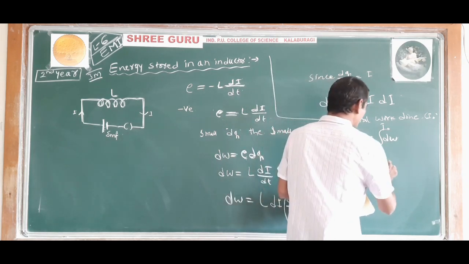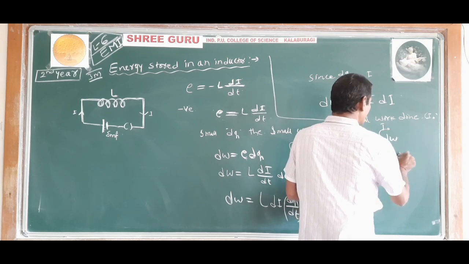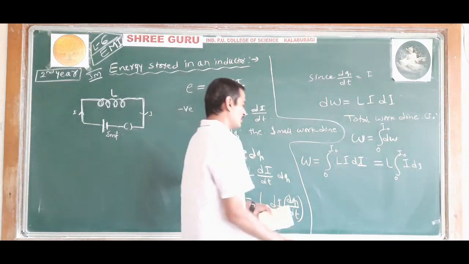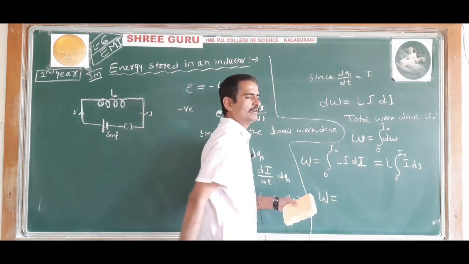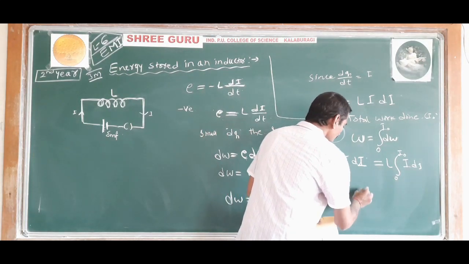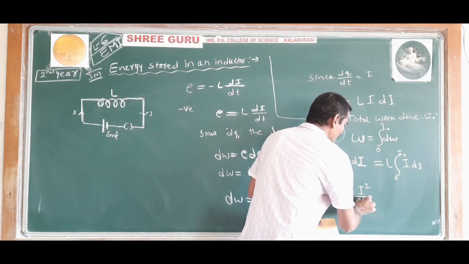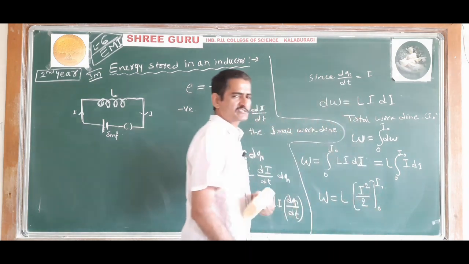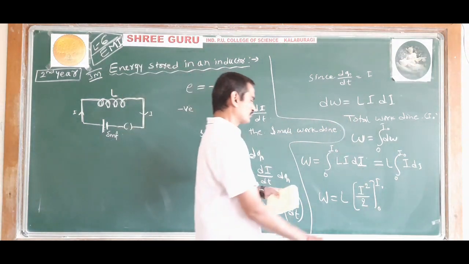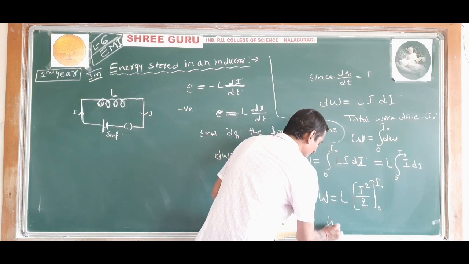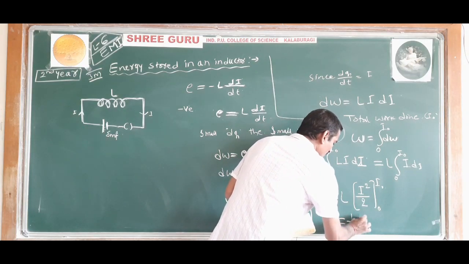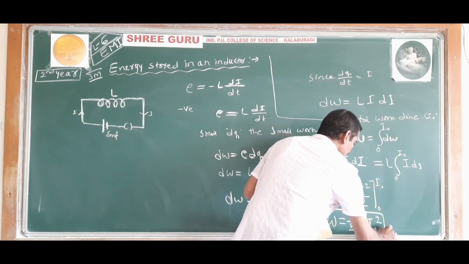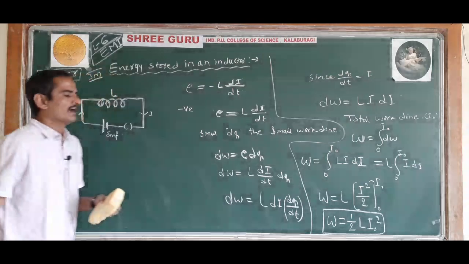L is a constant, so take it outside: L integration of I di from 0 to I0. After integration, I becomes I square by 2 with the limits 0 to I0. Substituting the limits, upper limit minus lower limit, finally the work done is equal to 1 by 2 L I0 square.